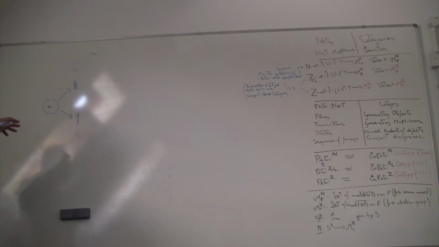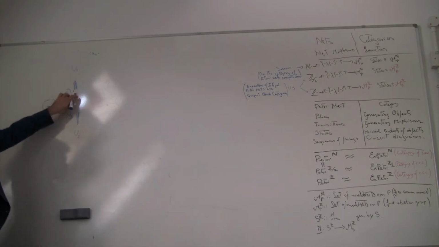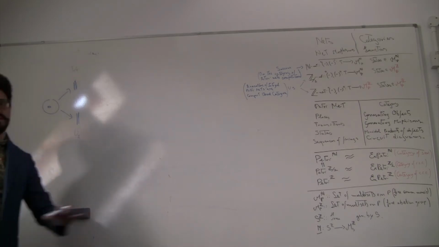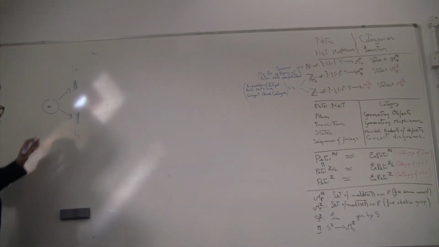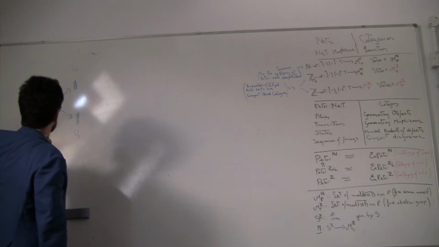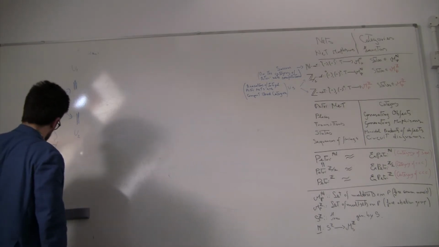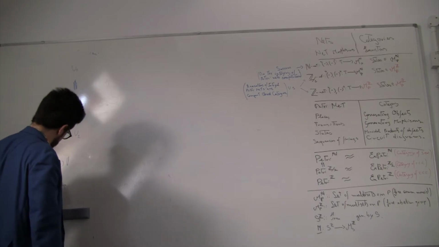U1 can decide to fire this, and U2 can decide to fire this one. But they live in very different places. So what happens is that U1 fires, and so the situation of the net now is this.